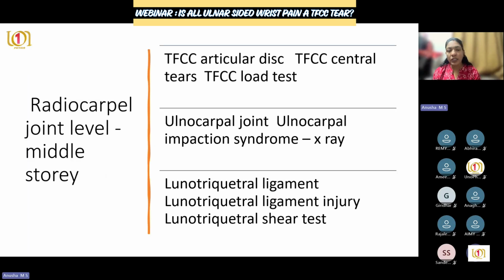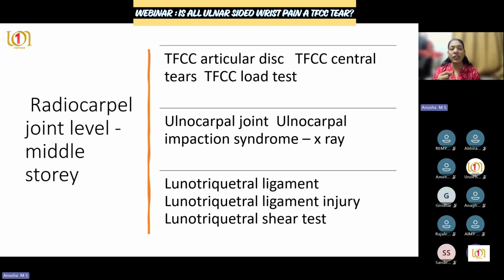So the middle story, the structures again, TFCC articular disc. Again, we already said TFCC has different structures. There's an articular disc, ligaments, and fovea. So in the middle story, we can see the TFCC articular disc. And if that got injured, then we have to find it out by performing the TFCC load test.